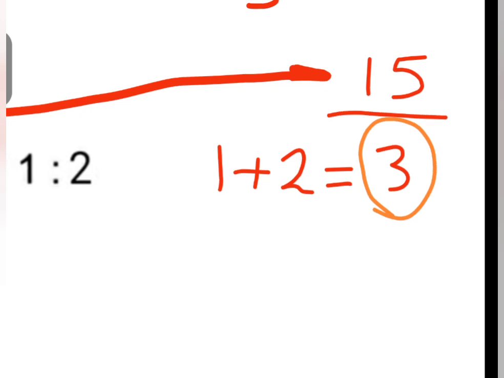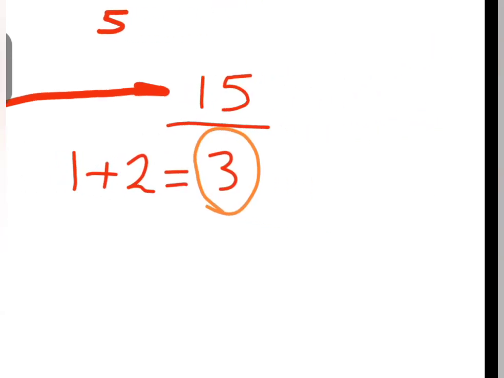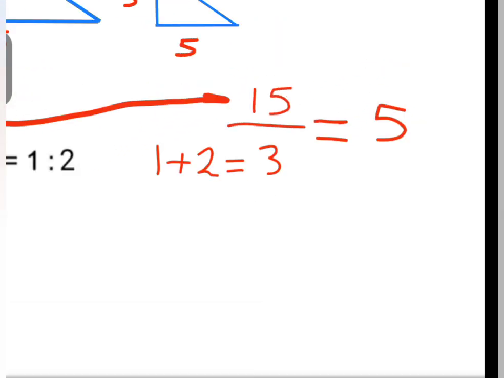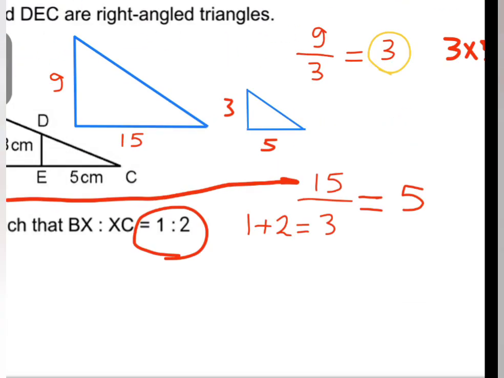So first step we did is what? We add the ratios together. We got an answer. We divide the length of the whole side on the ratio, and then we will get an answer. So 15 divided 3 equals what? Very good, equals 5. Now, we know that the ratio is 1 to 2, and the question wants XC.